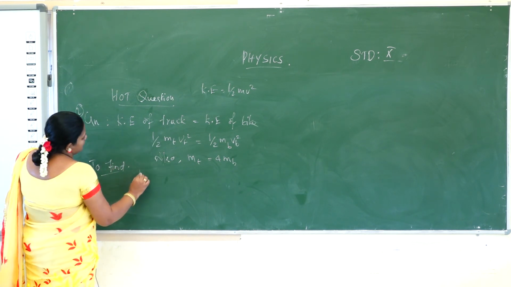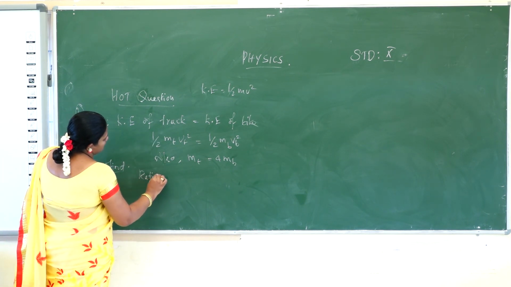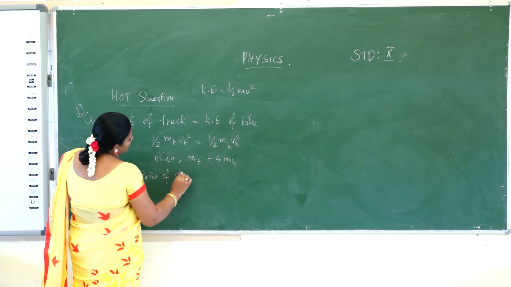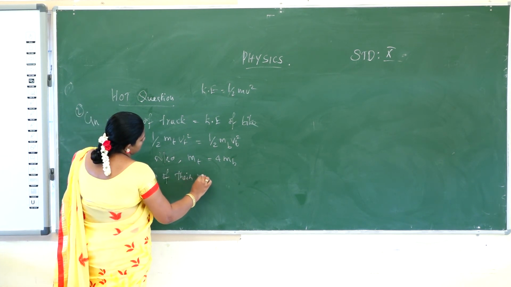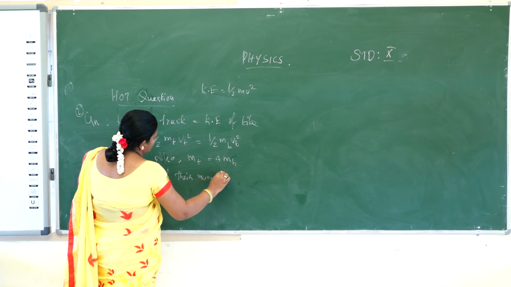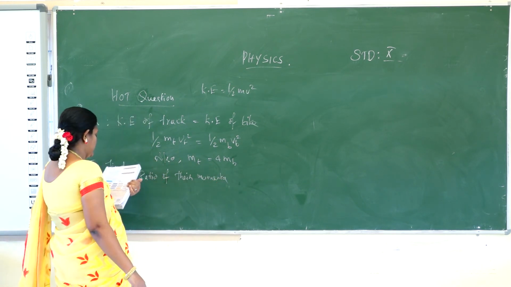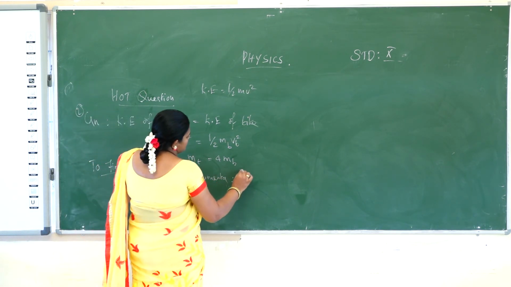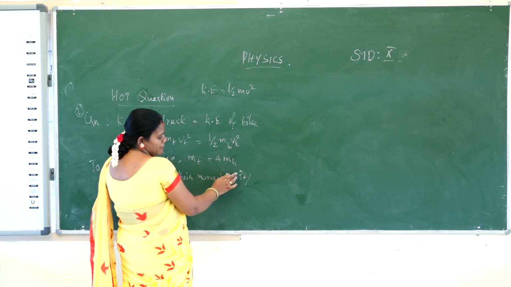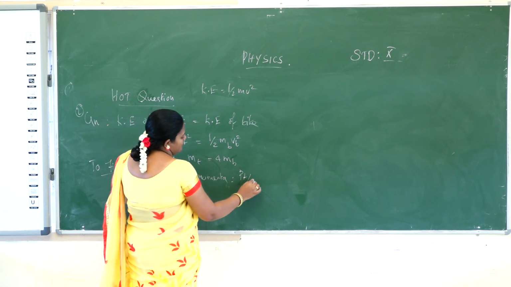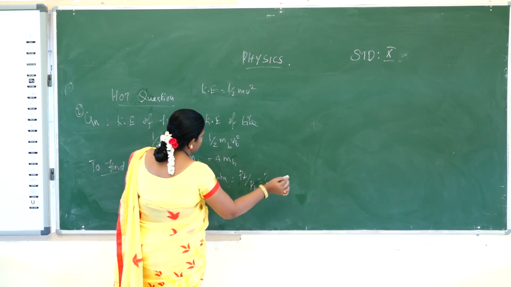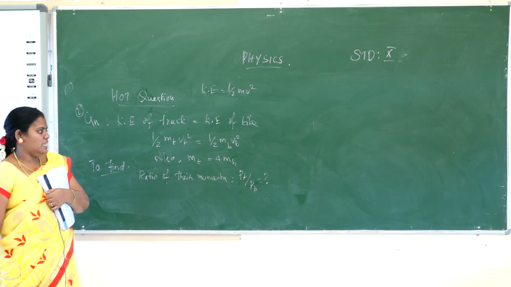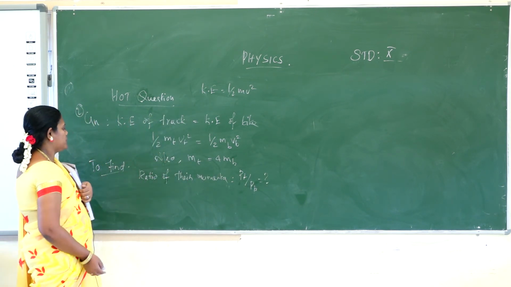The ratio of their momenta. What is the meaning of momenta? That is P1 by P2, the momentum of the truck by the momentum of the bike. Pt by Pb is equal to question mark.